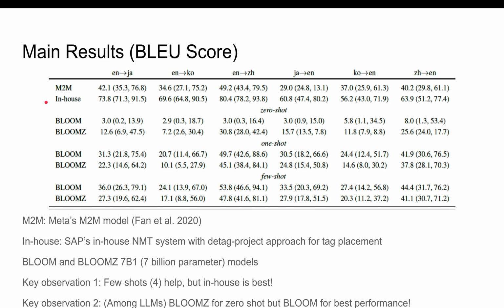But we can see that in some cases, for example, English to Japanese and English to Chinese, the tag scores are almost as good as or better than the tag scores of the M2M and in-house systems. So that means these LLMs have some sort of promise when it comes to handling the transfer of tags.